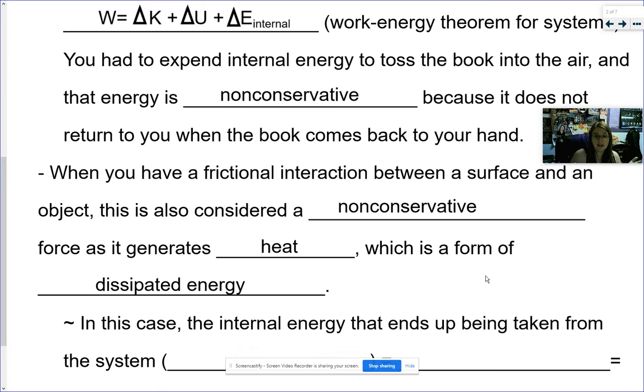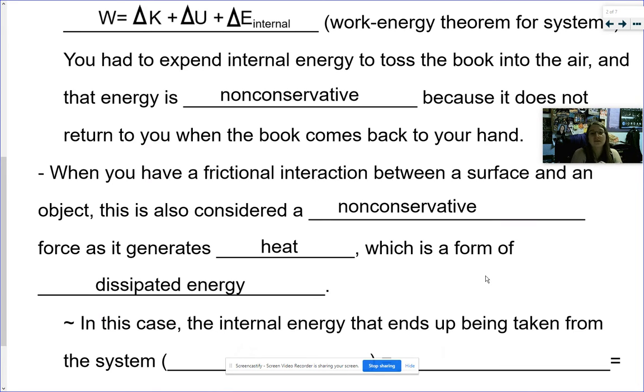But this, again, is for anything. Yes, we can feel it when we rub our hands together because it's our hands, right? But even as I slide my phone across a surface, heat is generated. It's very, very small. Doing just that is not going to cause my phone to melt, right?